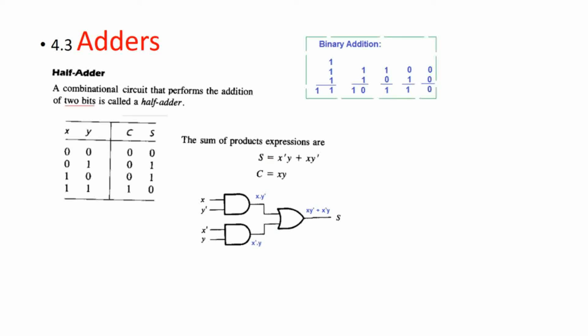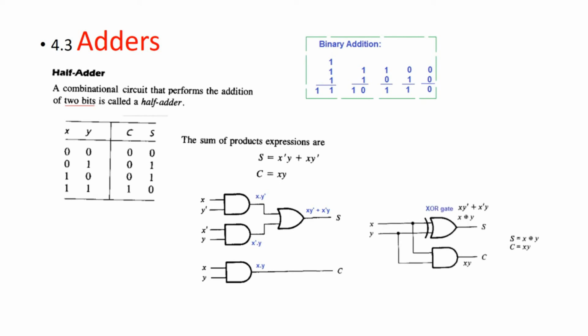And for the carry function, it will be a simple AND gate. So carry is X into Y. So X input, Y input, and through an AND gate we get X into Y. So this is carry out. So this circuit will represent a half adder.